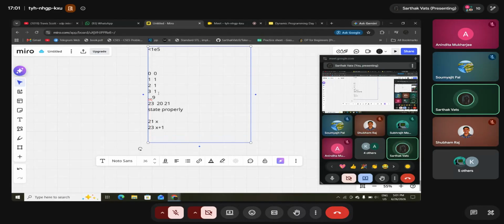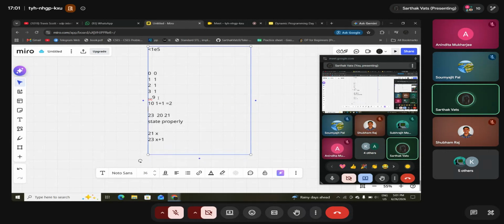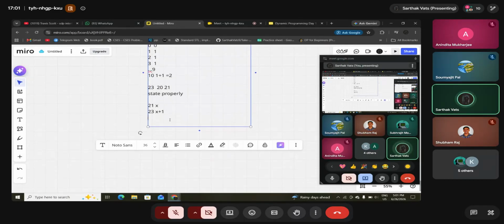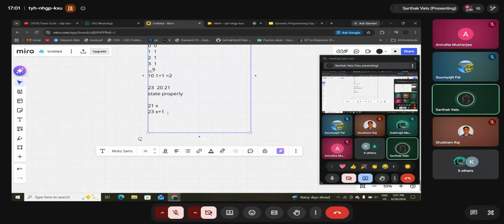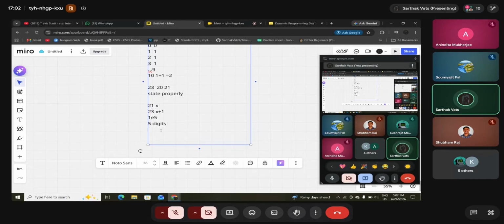So if I already know that till 9 the number of steps is 1, what is going to be the number of steps for 10? It's only going to be 1 plus 1, so it's 2. So for any number, if I have already pre-calculated all the smaller numbers, then, since the constraints are up to 1e5, there are going to be 5 digits at maximum, so I can check for all the 5 digits.